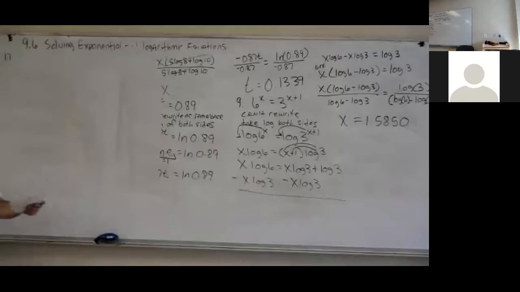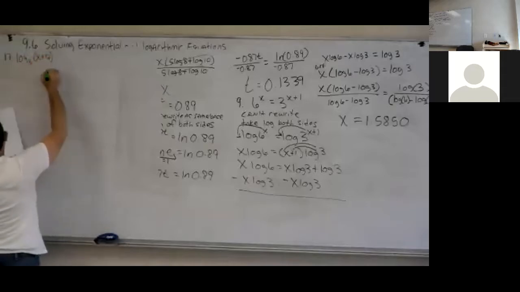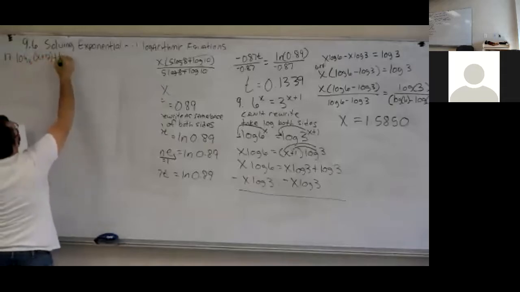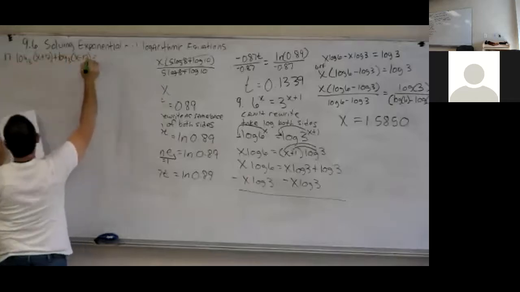All right, there's gonna be logs again, so this very last problem. Log base 3 of x plus 12 plus log base 3 of x minus 12 equals 4.